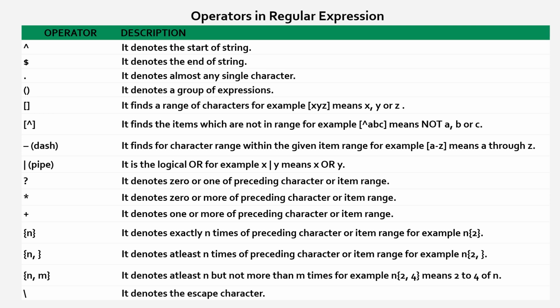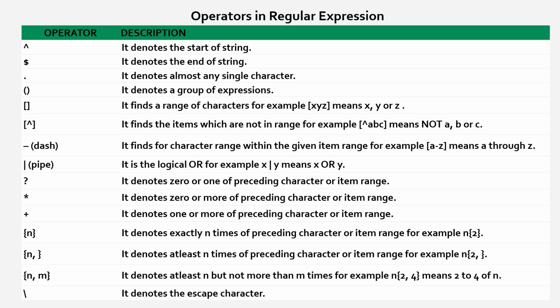Examples we will discuss later. So just to understand what exactly it is. Now the second thing is dollar, which denotes the end of the string. The caret means beginning, this means end. Dot denotes almost any single character.